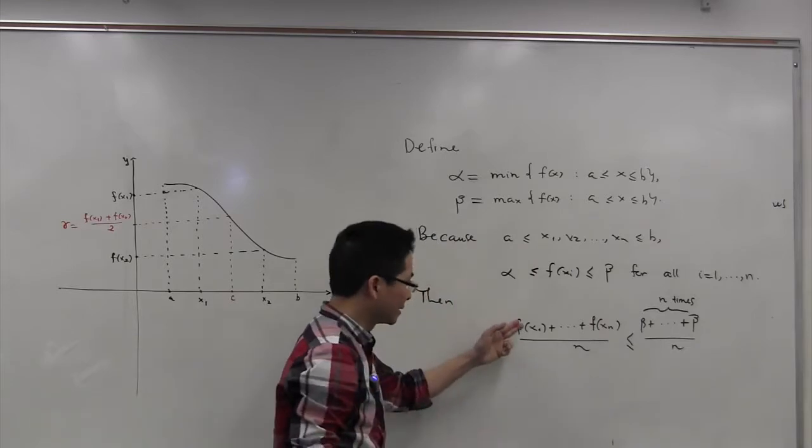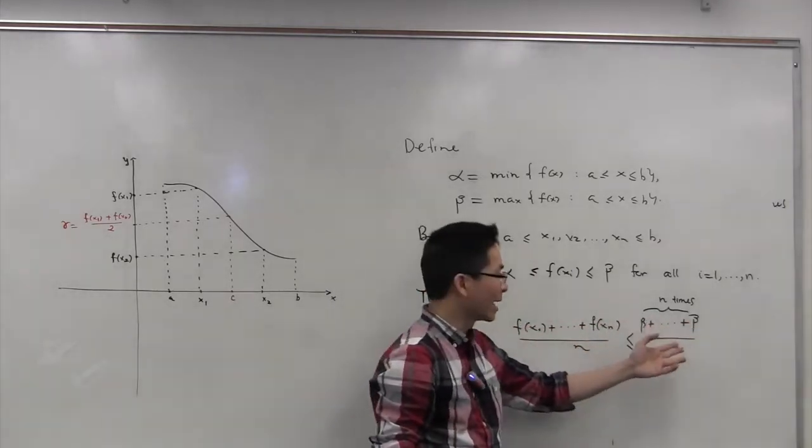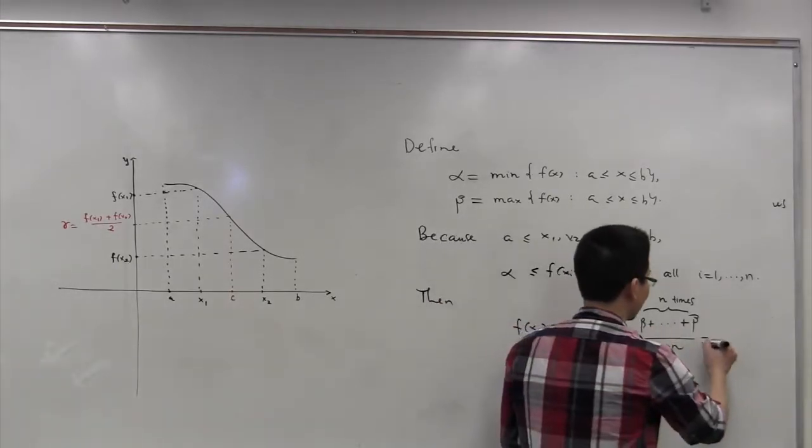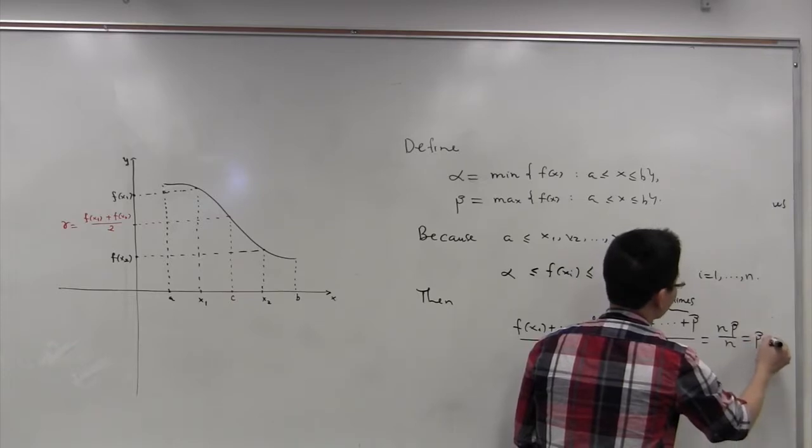Because again each f of xi is less than or equal to beta, and as you can see here, this is n times beta over n, so it is exactly beta.